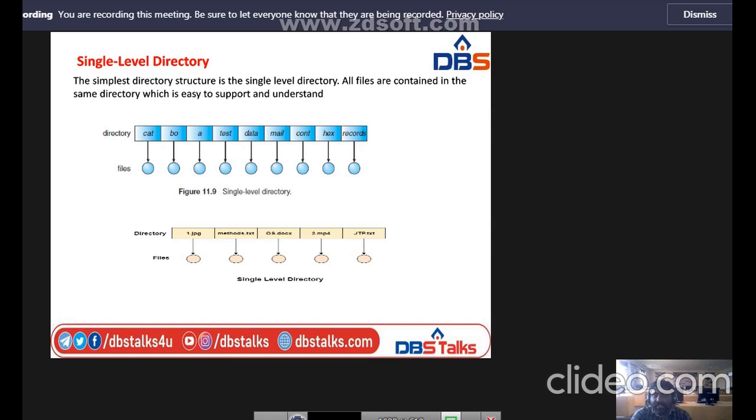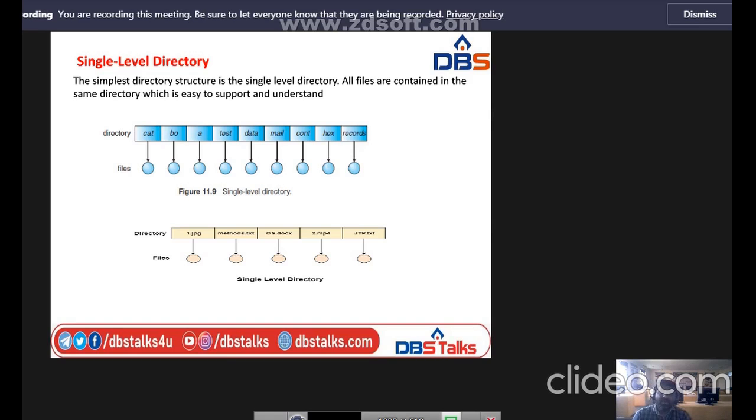Since all the files are in the same directory, all the file names must be unique. Keeping track of so many files is a difficult task. A single user on a single level directory may find it difficult to remember the names of all the files as the number of files increases.